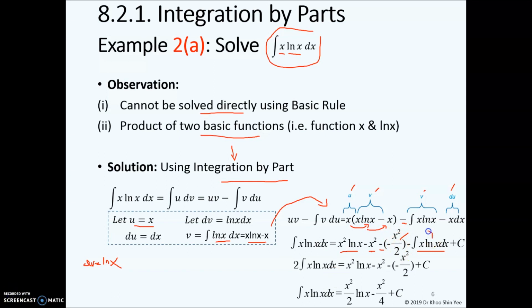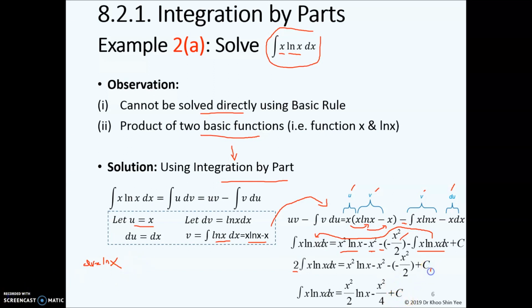So we can bring this function to our left hand side. Therefore, we have 2 integrate x ln x function equal to the remaining. And then we can divide everything by 2. So you can see that the c, okay, here is for any constant, so we don't need to divide it by 2.